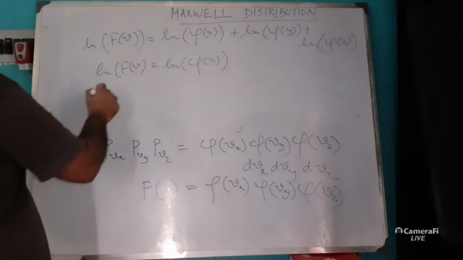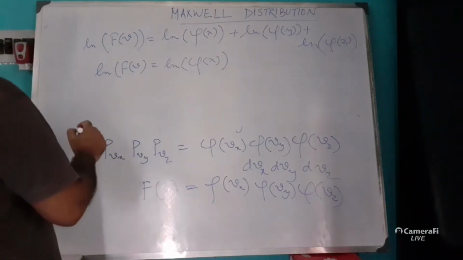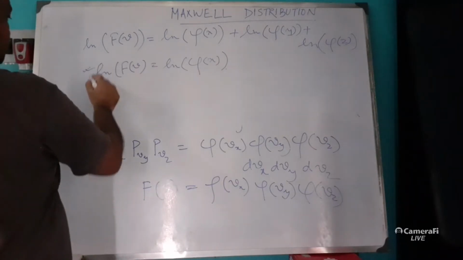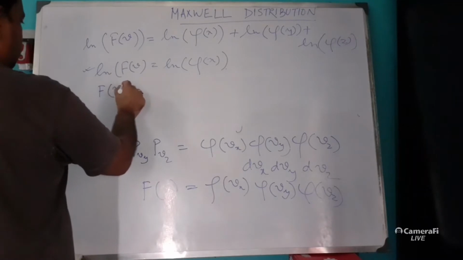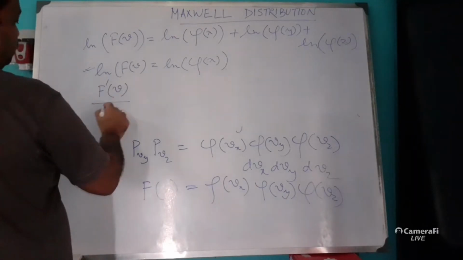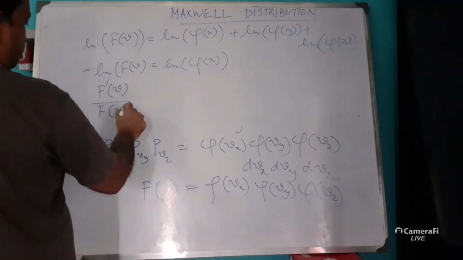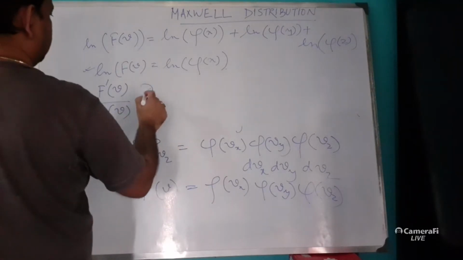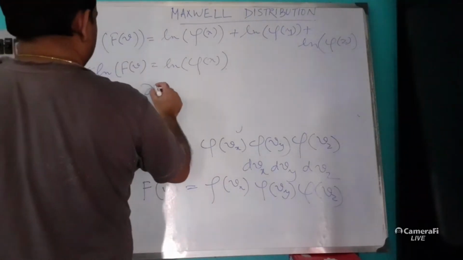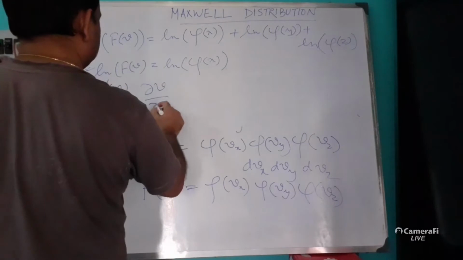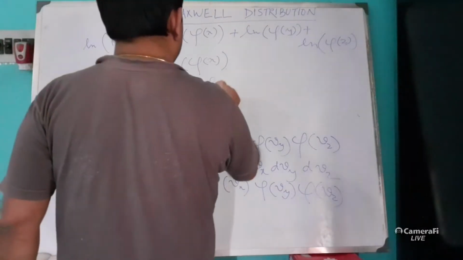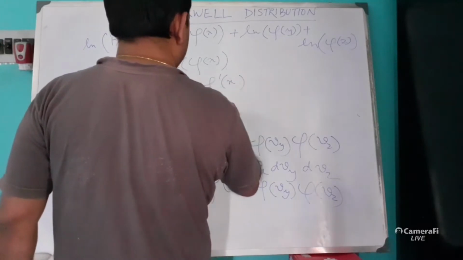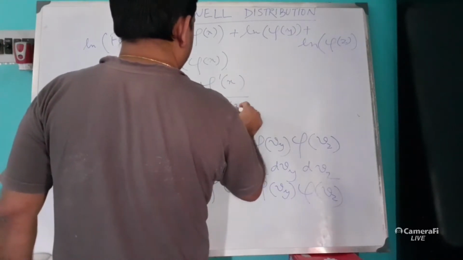So differentiating this particular equation, what we get is f prime(v) by f(v) times del v by del vx is equal to phi prime(vx) by phi(vx).